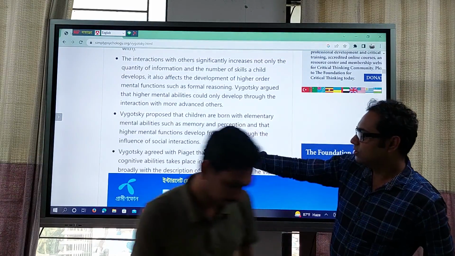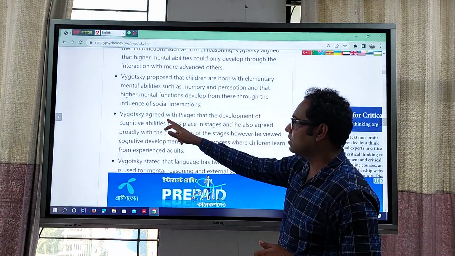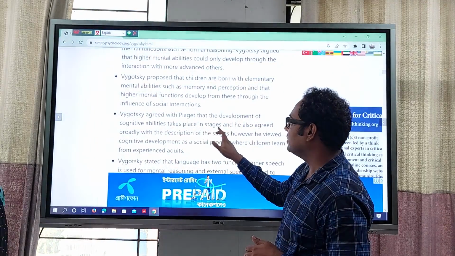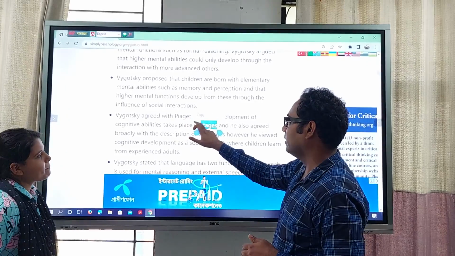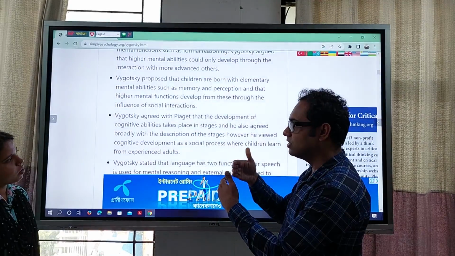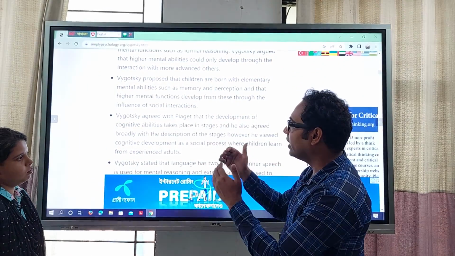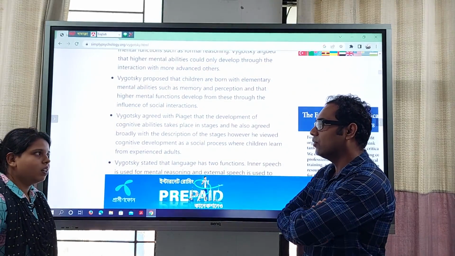Now coming to you, the last point. Vygotsky agreed with Piaget that development of cognitive abilities takes place in stages. Piaget gave the theory that there are 4 stages of child language development. Vygotsky agreed with that. So, do you agree that cognitive ability develops with stages, at particular ages? How can you explain?